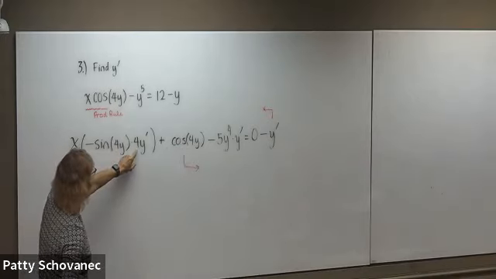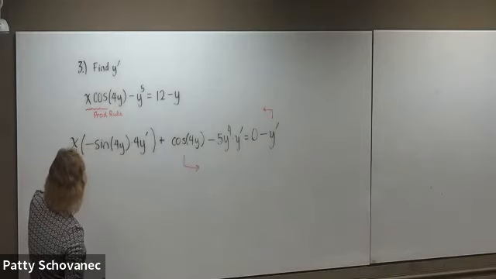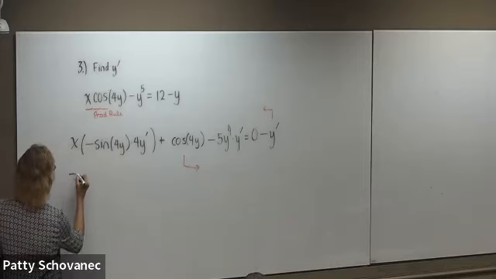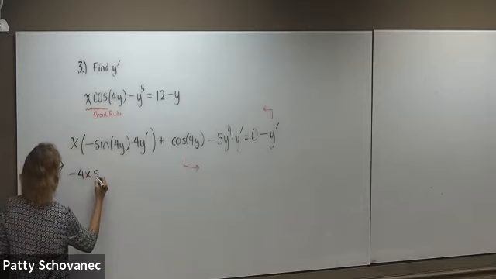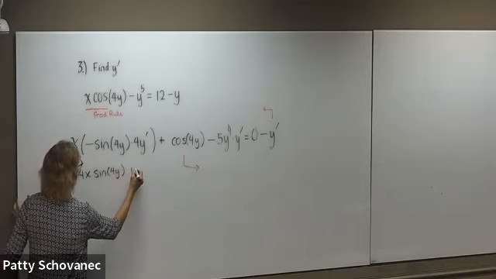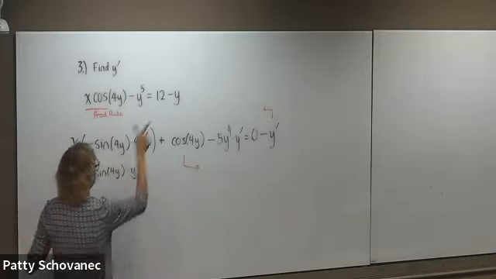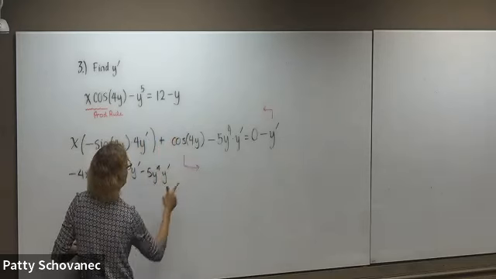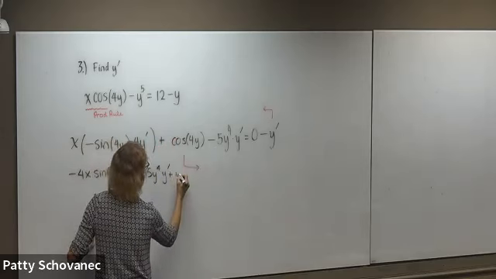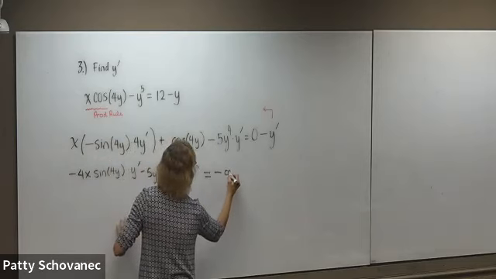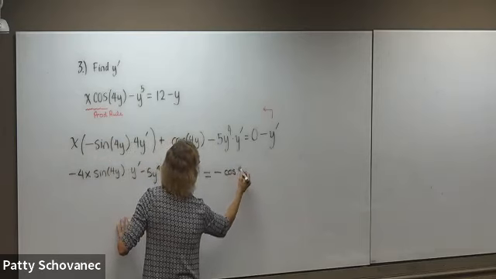Let's put the 4 with the x: minus 4x sine of 4y times y prime. That I moved over. Then I've got minus 5y to the 4th times y prime. That one's coming over as a plus y prime. This one's going over as a minus cosine of 4y.